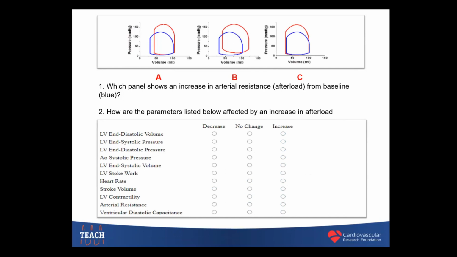So A. You can see here that both of these pressure volume loops are starting at the same end diastolic volume or pressure, but there's a significant increase in afterload here, which leads to a significant increase in overall pressure and decrease in stroke volume. So if you look at these parameters below, how would they be affected by an increase in afterload? Your LV end diastolic volume, how does that change?